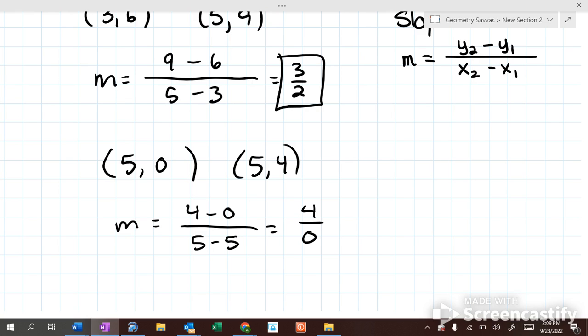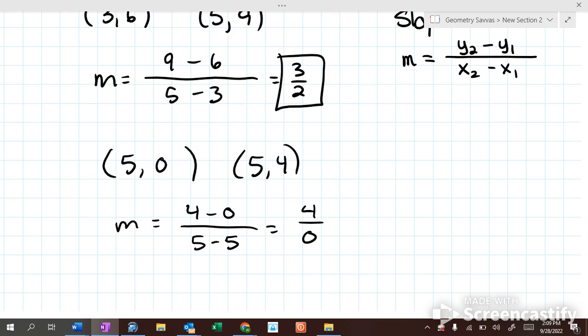Don't say 0. Life is always good until somebody goes and tries to divide by 0 and screws everything up in life. The whole world would go upside down if we tried to divide by 0. What does your calculator say 4 divided by 0 is? It says error, doesn't it? Take 4 divided by 0 on your calculator.